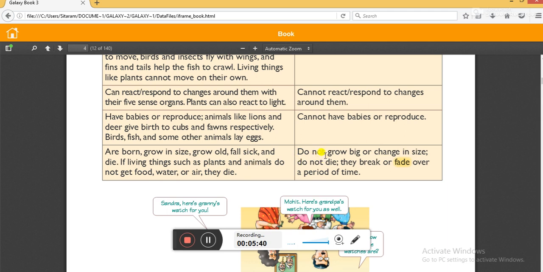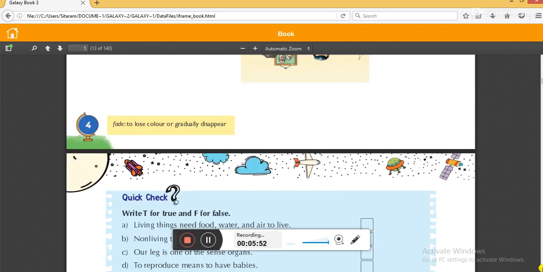Non-living things do not grow big or change in size, so they do not die. They break or fade over a period of time.